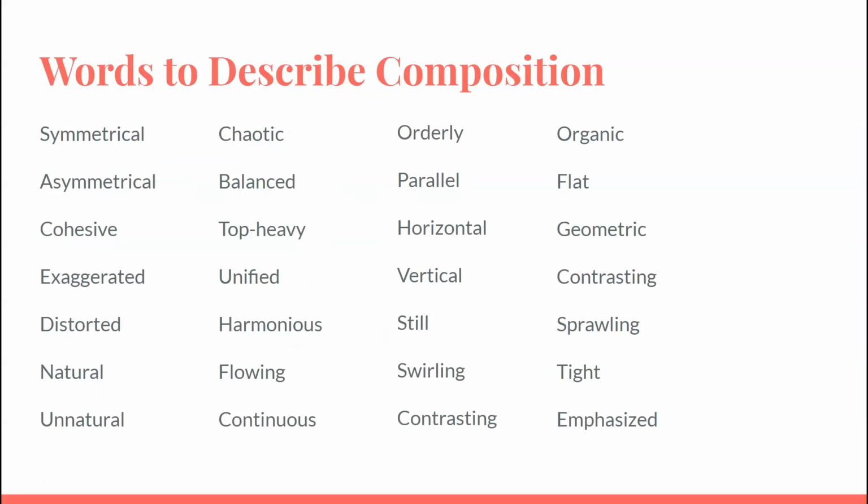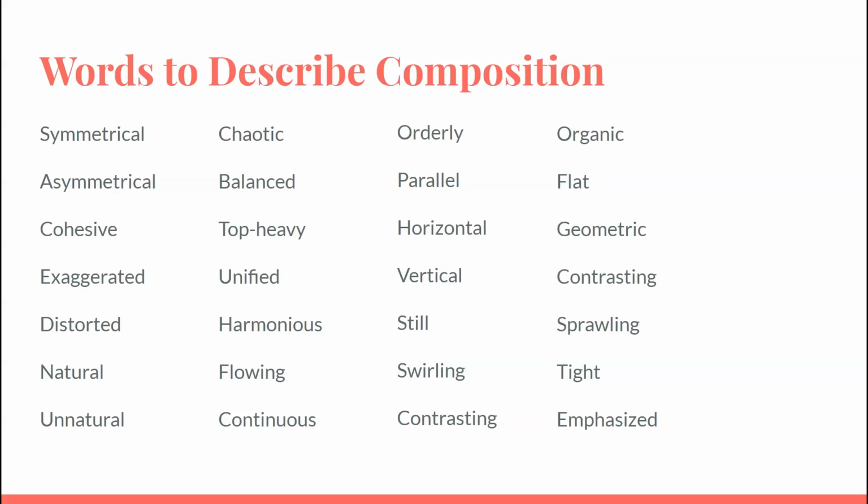Now, you're going to want to make sure you begin learning words to describe composition. Here are some basic ones that you can use for a lot of different pieces to describe what you're seeing in an articulate way. You've got symmetrical, asymmetrical, cohesive, exaggerated, distorted, natural, unnatural, chaotic, balanced, top-heavy, as in a lot of the action is at the top of the piece.